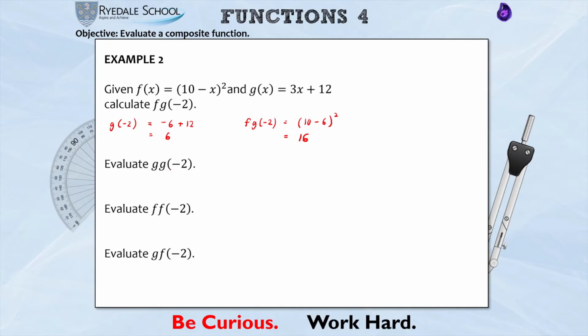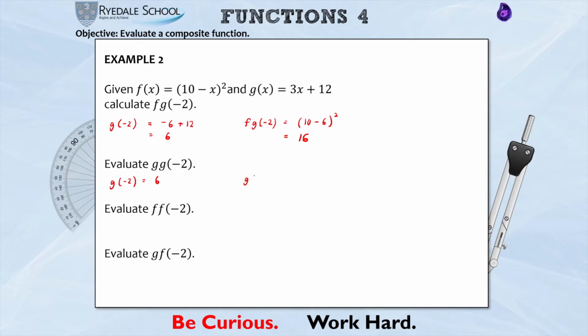Now, sometimes we might use the same function twice. g of g of negative 2 just means I'm going to substitute negative 2 into g, get an answer, and then substitute that answer again into g. Well, we've already done g of negative 2 a moment ago. It was 6.